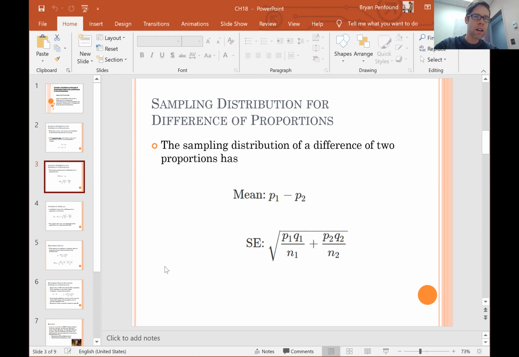Notice that it's slightly different from what we were doing before, because before we had a target population and we had a single subgroup or a single sample that we were looking at. So now we do have that target population still, but we've essentially taken a sample and divided that sample up into two different subgroups.